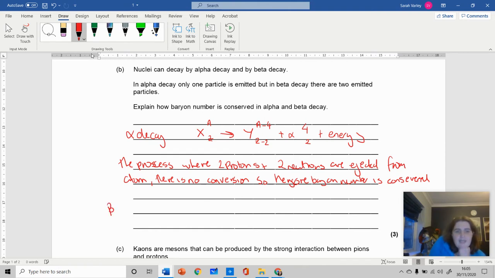In beta decay, you have got a neutron being converted into a proton, plus an electron, plus an anti-electron neutrino.